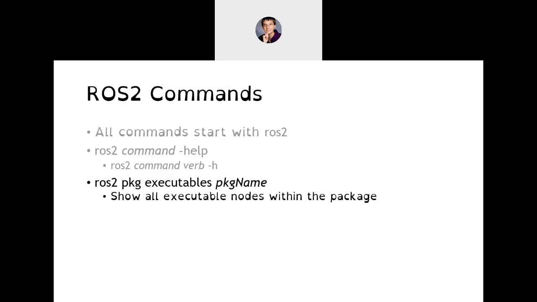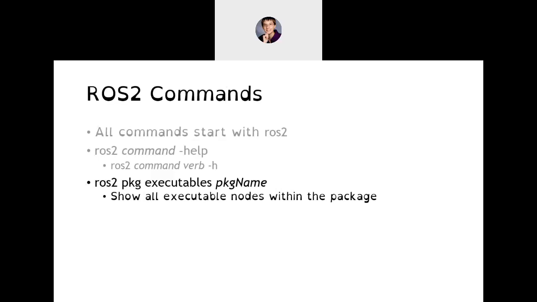And so ros2 pkg, right? ros2 tells us that we're doing a ROS command. pkg is that first command, which tells us that we're working with packages. And then executables, in this case, is like that verb that I have in that second part. And everything that I put in italics means something that we're going to replace with an actual name.